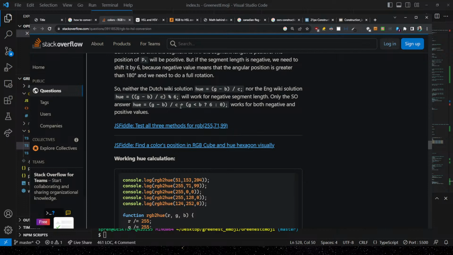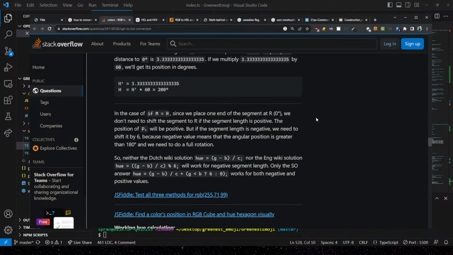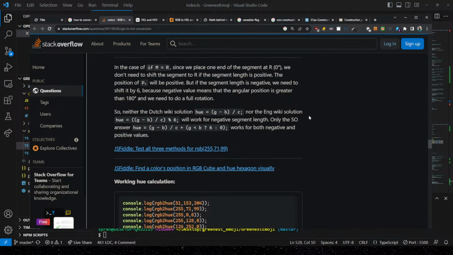This is a little bit concerning, though. I'm glad I'm not the only one who doesn't get it. So they're saying that neither the Dutch wiki, which is this, nor the English wiki, which is this, will work for a negative segment length.